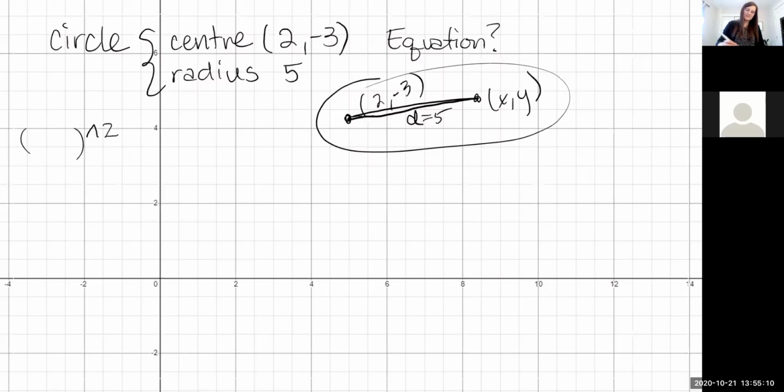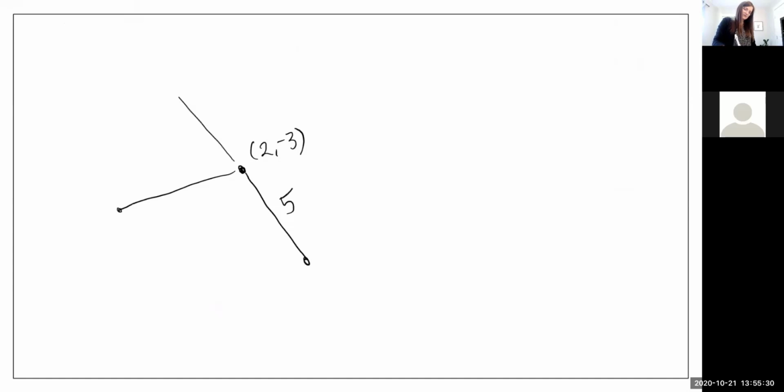so that means that this is not the right graph, so we're just going to grab a blank page. Let's say your center is 2, -3, right? And your radius is 5. So anywhere you move, it has to be 5 away, anywhere. That's how you'd form the circle, if you instructed a computer to only go 5 away.